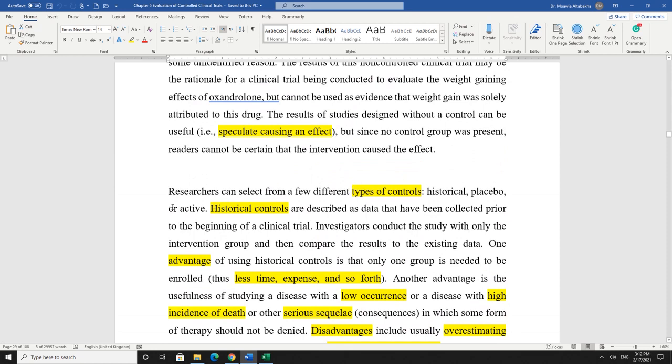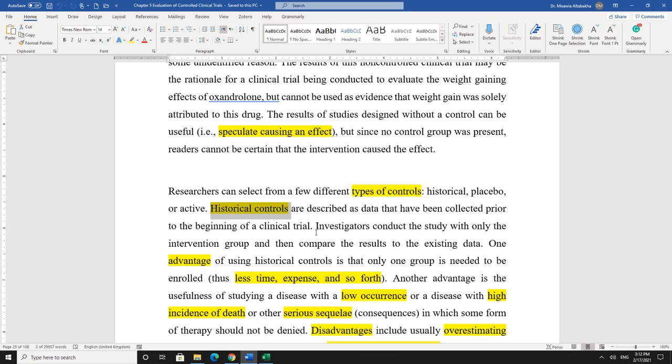Okay, now let me go to the historical data. A few clinical trials might tell you, okay, I will compare my group with data I have from the history, يعني reported previously. This can be acceptable in certain cases. For example, when there is a rare disease, so you cannot actually find many subjects to try on.